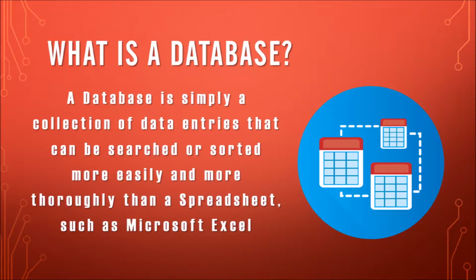What is a database? A database is simply a collection of data entries that can be searched or sorted easily and thoroughly in comparison to a spreadsheet like Microsoft Excel. So it's basically a warehouse of data that you can access and filter and sort in many different ways.